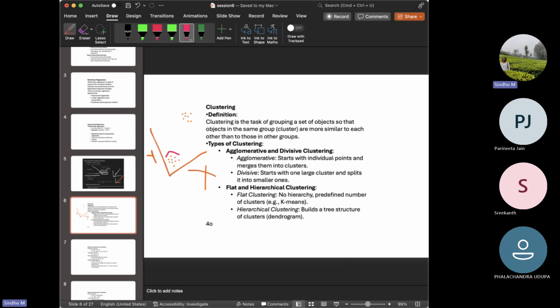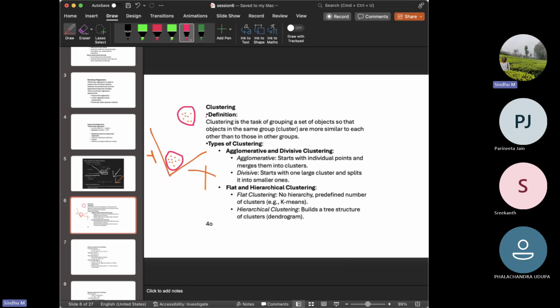These data points would be one cluster, and maybe they are coming from similar inputs, and these would be the second cluster. Maybe in your sample you have two different cell types, then you may get these two different clusters. So this is the idea behind clustering.